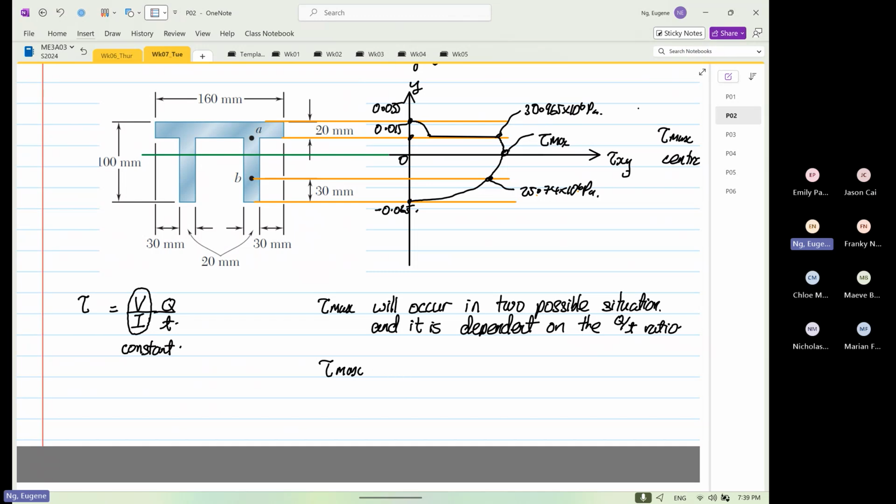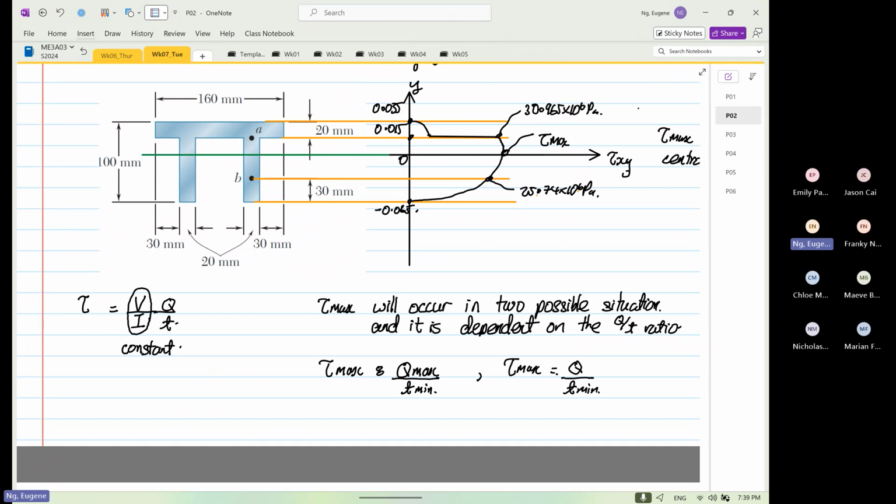Tau max can occur in one situation where you have Q max divided by T min, the maximum first moment of area over the minimum thickness. But we also cannot forget the situation where tau max can also occur when we have Q divided by T min.